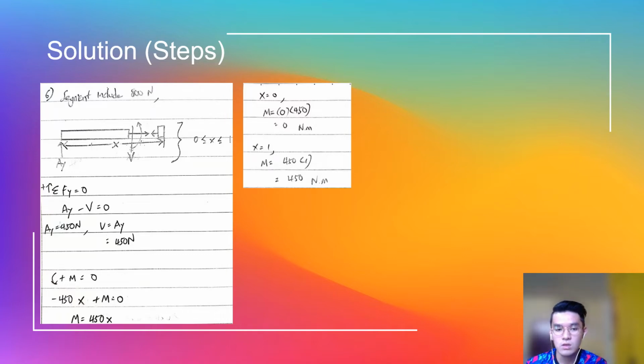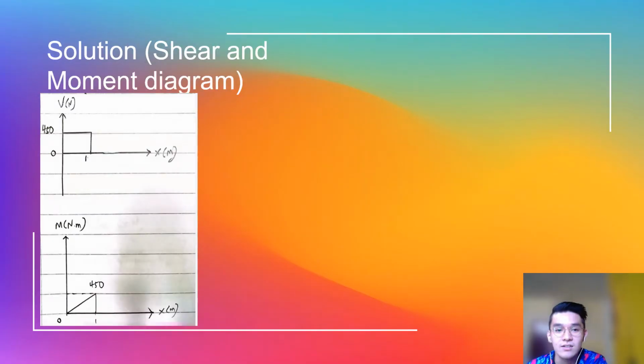The moment at point s equal to 0 was 0 Newton meter, while the moment at point s equal to 1 was 450 Newton meter. These are the shear and moment diagrams for the segment which includes 800 Newton.